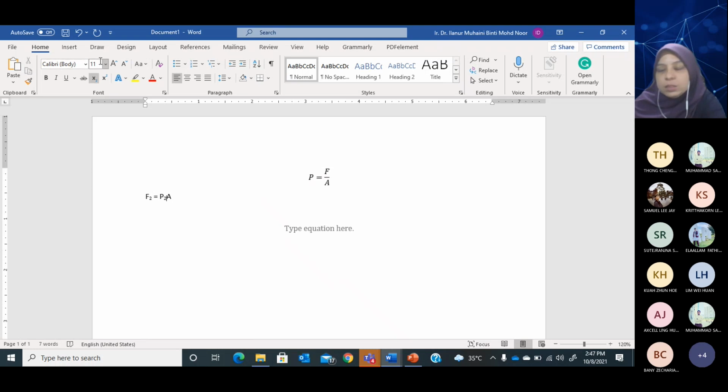This one Calibri 11. This one also Cambria Maths. So you need to select all, go to Times New Roman 12.